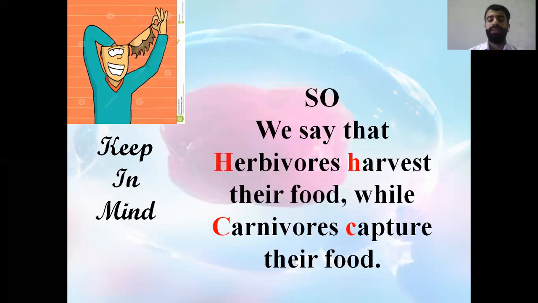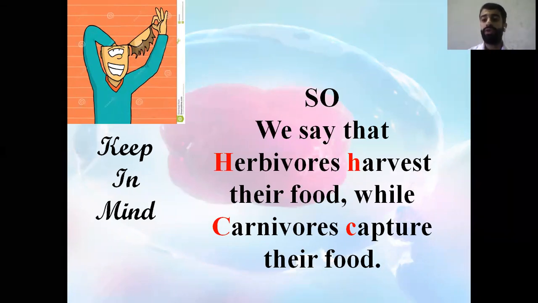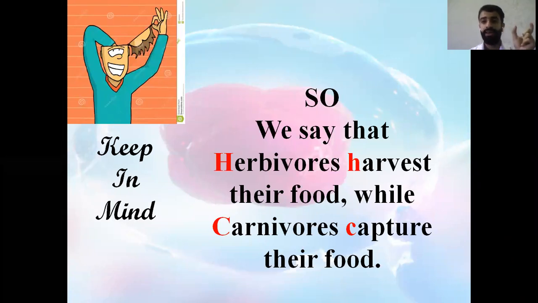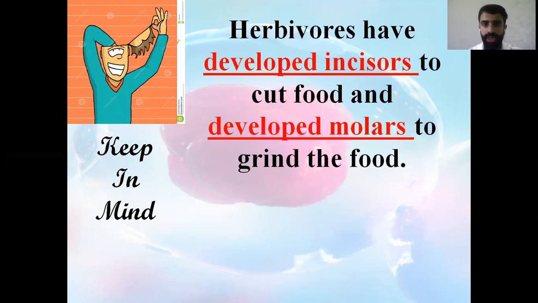So you have to know that herbivores harvest. Both of them start with the letter H. So herbivores harvest, while carnivores what do? They capture. Carnivores, see, capture start with the letter C.